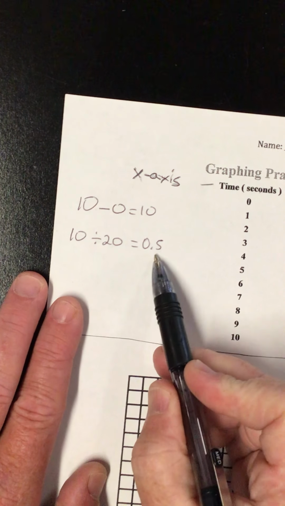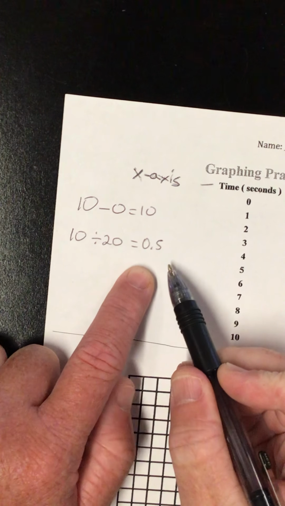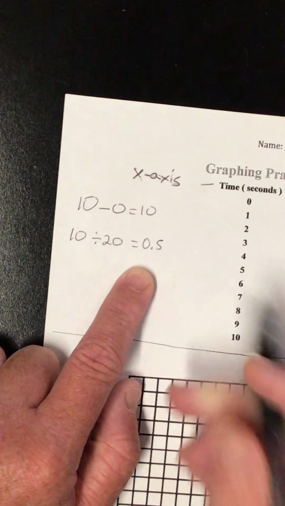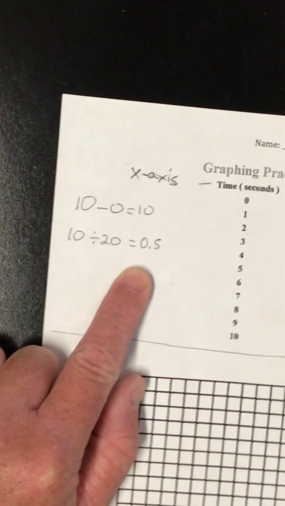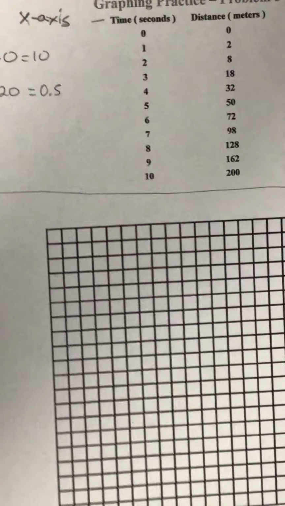So that tells me that each box will have a value of 0.5 in order to get from 0 to 10 all the way across. Okay, so 0.5 here.